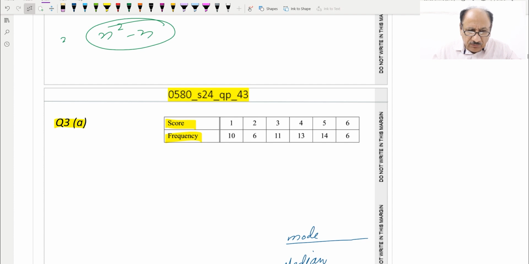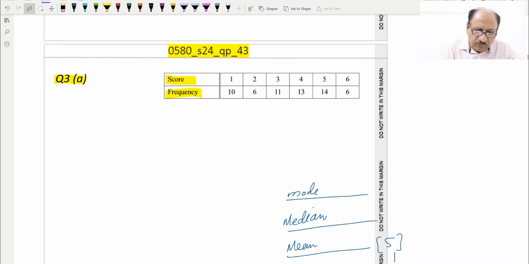So we can identify mode is the most repeating. So the most repeating is the one for which frequency is maximum, and the maximum frequency is 14 for 5. So our answer will be mode will be 5. This is done. And then median is the middle value, and the total is 60 times. So we will check in which range half of 60, which is 30, will fall.